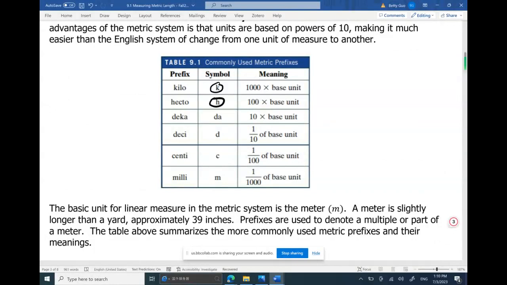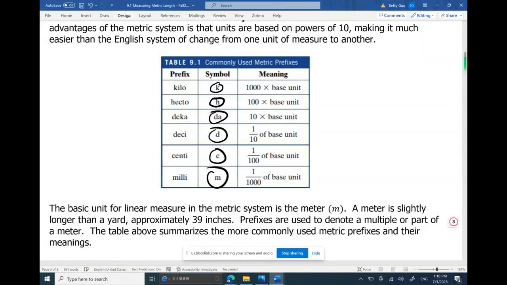And H, hecto, you can look it up, is 100 times bigger than the base unit. And deca, DA, is 10 times bigger than the base unit. Deci, that is one tenth of the base unit. Centi is one hundredth of the base unit. And milli is one thousandth of the base unit.